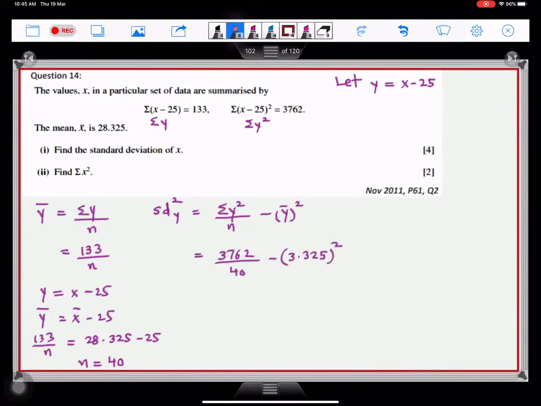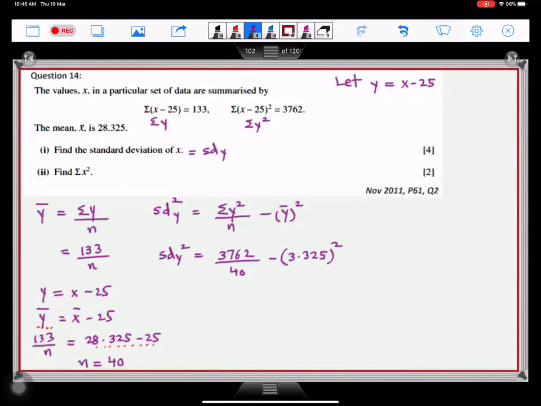How did I obtain 3.325? The difference between these two is y bar. And this is SD of y. Standard deviation of x is the same thing as standard deviation of y. And you just use a calculator, square root, and then you get the answer.